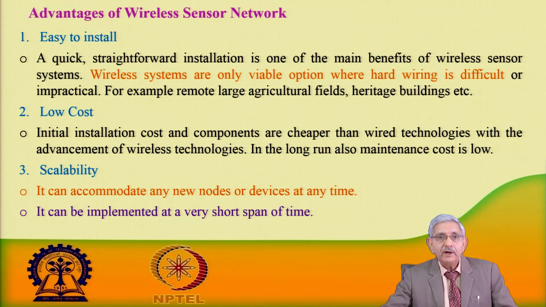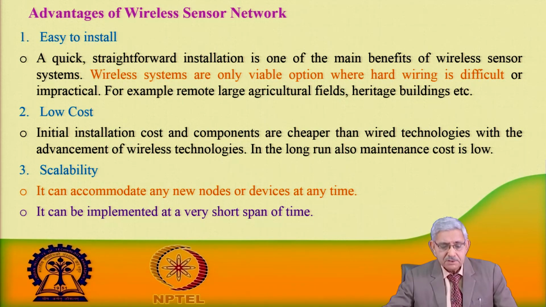What are the different advantages of a wireless sensor network? It is easy to install, that is one advantage, and low cost scalability is possible. Easy to install means a quick, straightforward installation is one of the main benefits of a wireless sensor system.